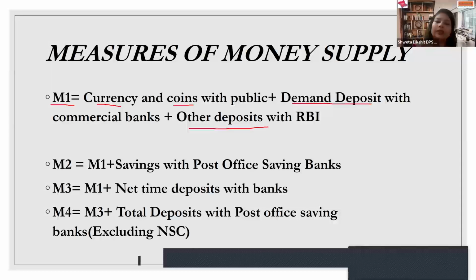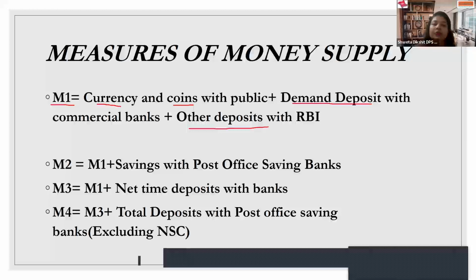Easy way to remember this, because generally students get confused: M1 is equal to CC plus DD plus OD. Remember, CC plus DD plus OD. What is CC? Currency and coins with the public. DD, demand deposit with the commercial bank. We know demand deposit is done only with the commercial bank. And OD, other deposit with the RBI. Including all these, M1 is completed.